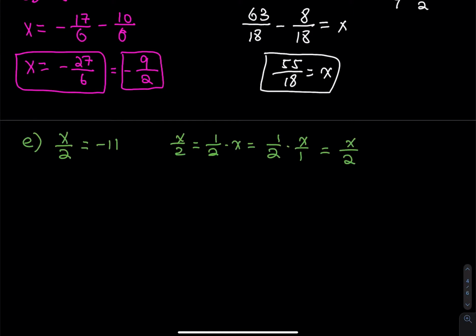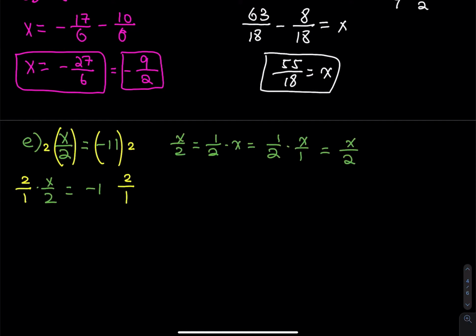So in this problem, as long as you multiply both sides by the denominator, which is a 2, right? So you have x over 2, right? So this 2 is the same thing as 2 over 1. And then let's complete the fraction. x divided by 2, and then negative 11.